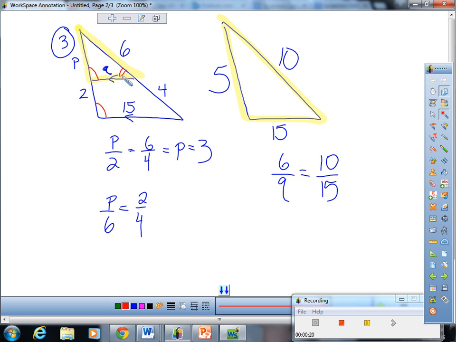And that angle is congruent to that angle by. So when you're solving this problem for Q, you need to use the similar triangles, which is Chapter 8, Section 2. When you're solving this problem for P, you need to use the side splitter theorem. And it's very important you understand the difference, or you're going to get one of those 2 answers wrong. Okay? Let's go on and take a look at number 5.